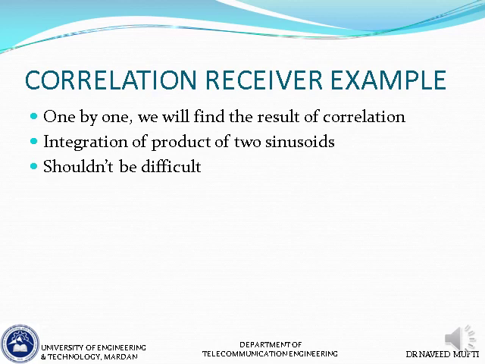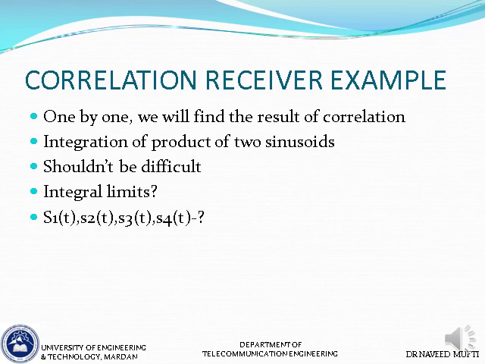So there is not a lot of complexity involved, and it shouldn't be difficult. The integral limits, as we have discussed on the previous slides, are from 0 to 1. That's the first thing.